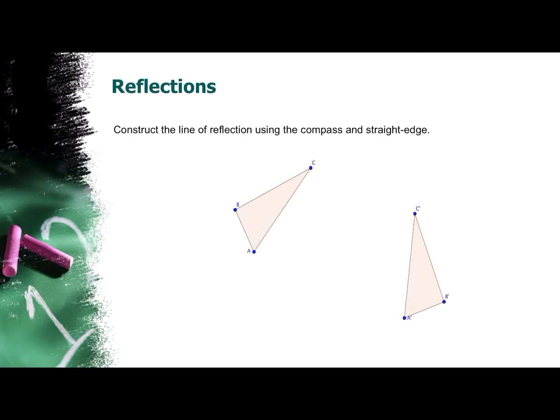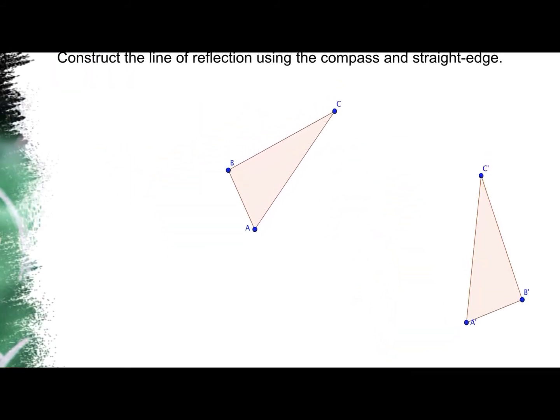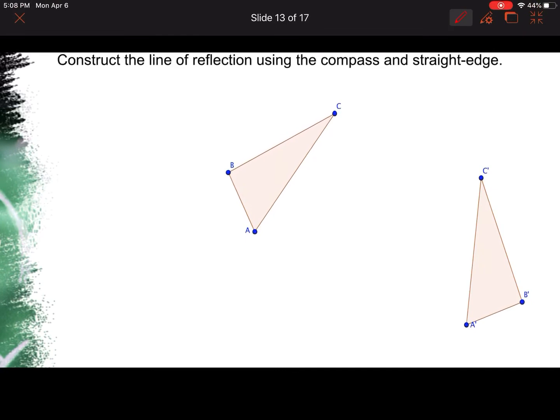So the other thing we might construct is, if I give you the two triangles, can you construct the line of reflection?